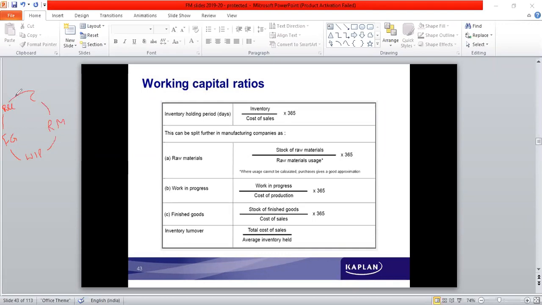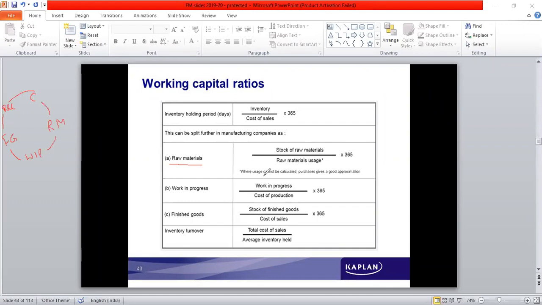So instead of looking very broadly at inventory, receivables, payables, it can be looked into as each component of it. The first investment is into raw material. This can be split further in manufacturing companies, and the first one is raw materials. How do we calculate it? It is the total stock of raw materials divided by raw materials usage, into 365.